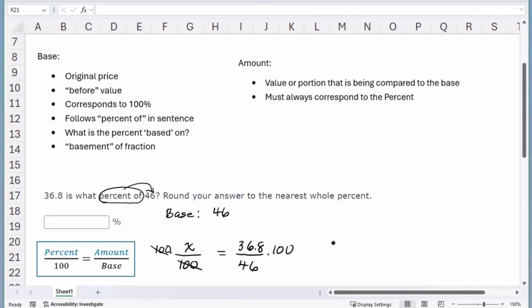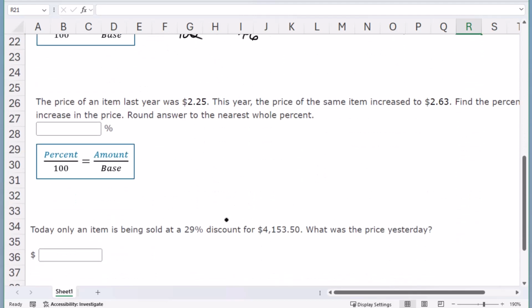Then I will have X is equal to 36.8 times 100 divided by 46, which I can do on the calculator. That equals 80. So 80%, which makes sense. 36.8 compared to 46. Sounds right.